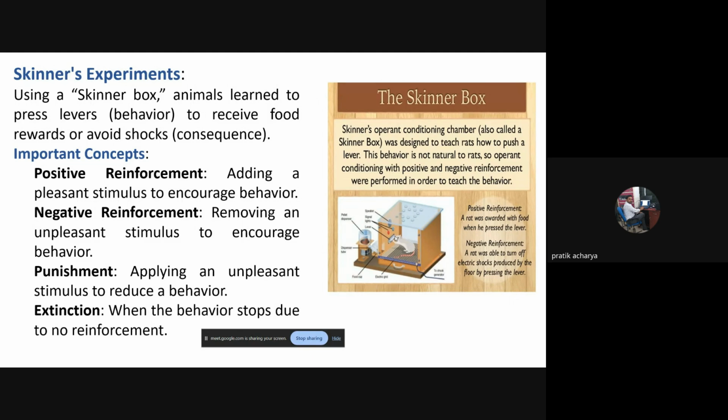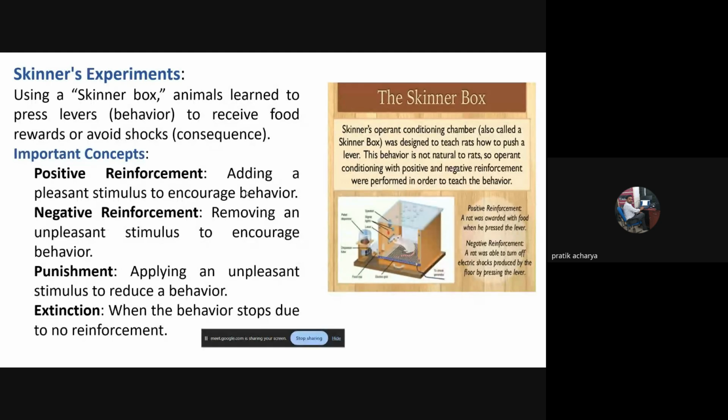For this concept, some important words we have to remember and describe. First is positive reinforcement, which means adding a pleasant stimulus to encourage behavior. If we get that kind of positive response, then we love this action every time, and that's why we follow this pattern of behavior.